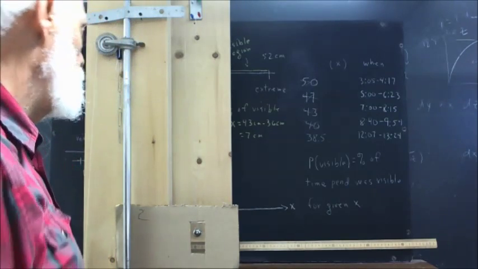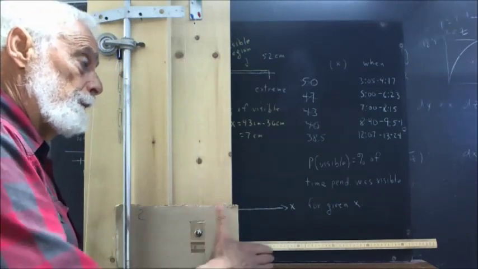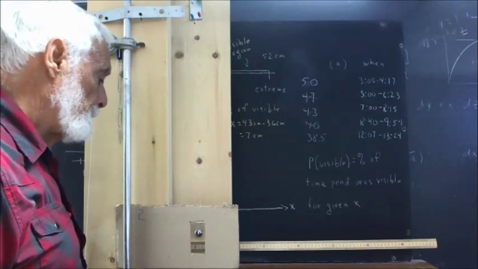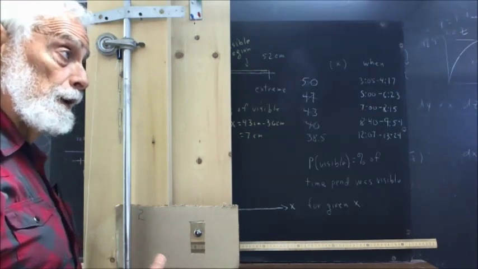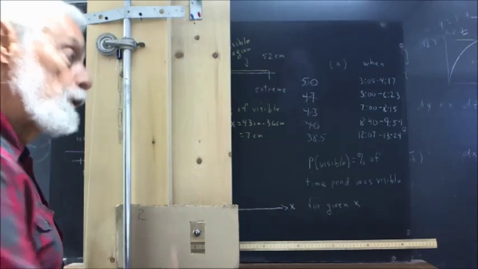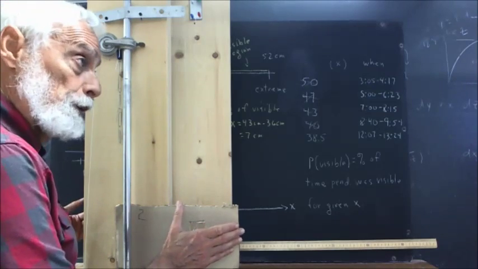Now, we want the pendulum to be swinging the same distance every time. So I'm going to stop the pendulum every 4 swings, put my hand in front of this, and restart the pendulum.